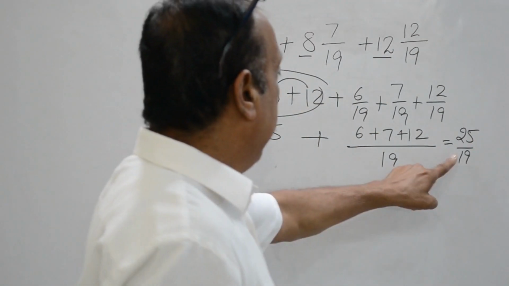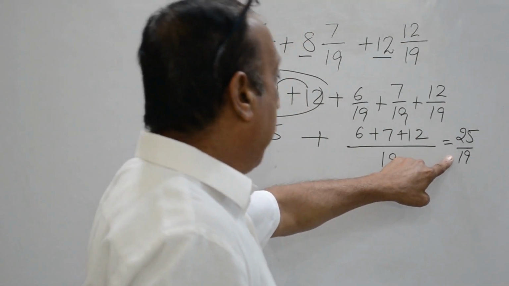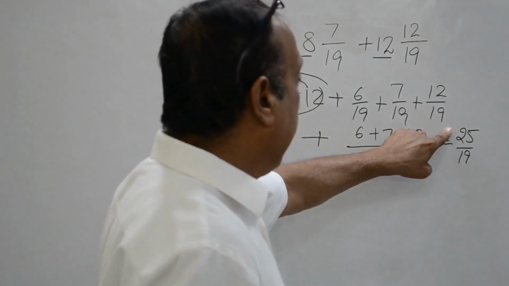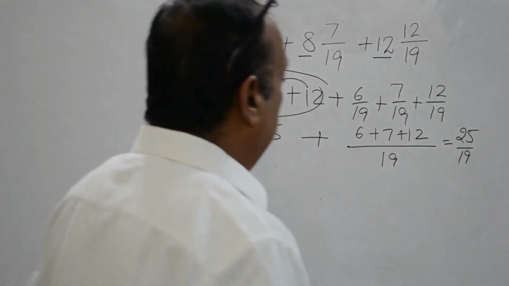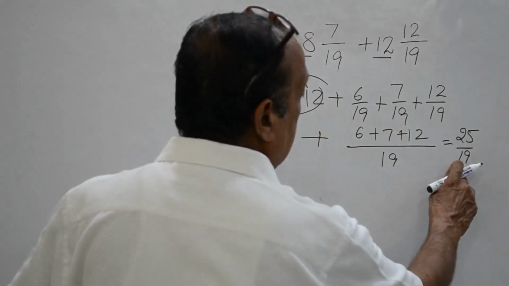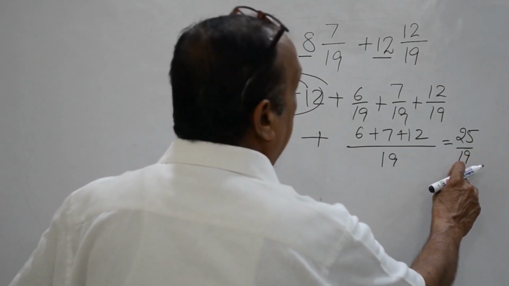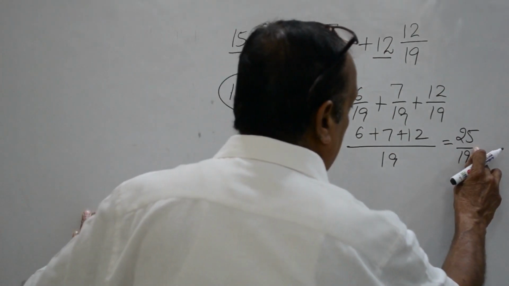So here we have got an improper fraction. An improper fraction is a fraction where the numerator is greater than the denominator. Means the value of this is greater than 1. We can take out some whole numbers out of this fraction.